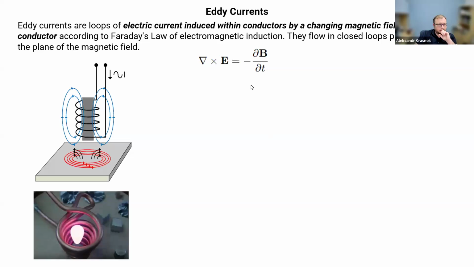So let us discuss a theory of this effect, starting again from Faraday's law. The changing of magnetic field in this metallic object creates the curl of electric field. The current and electric field are connected through the conductivity sigma.